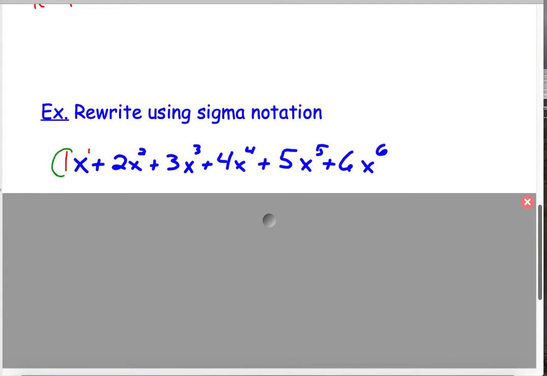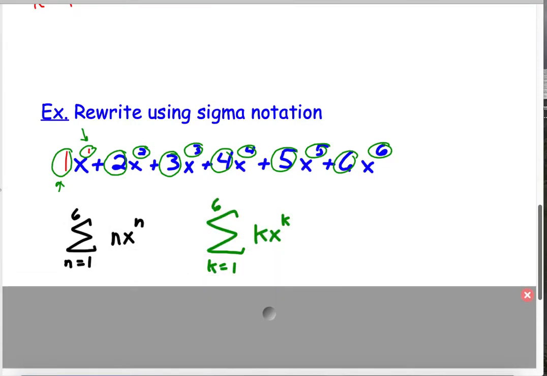I see that the coefficient keeps increasing by 1. It starts at 1 and it ends at 6. And the exponent is also the same as that coefficient. So I want my index variable to represent both the coefficient and the exponent. And then the x is just part of my expression.